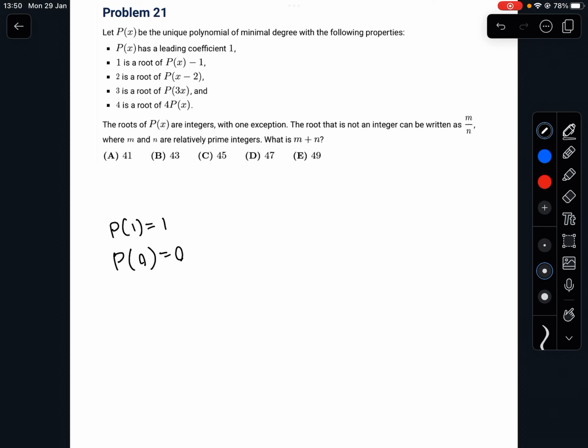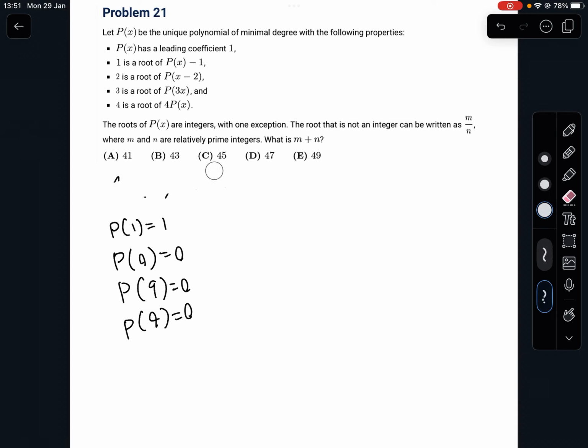And then we're told that 3 is a root of P(3x), so P(3 times 3) equals 0, so P(9) equals 0. And 4 is a root of 4P(x), so 4P(4) equals 0, so P(4) equals 0.